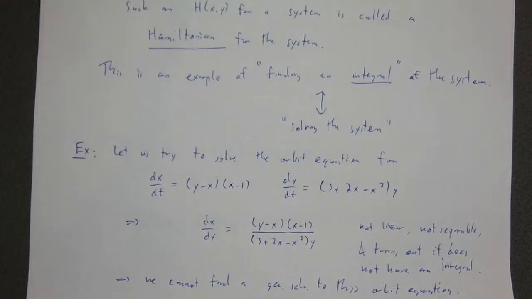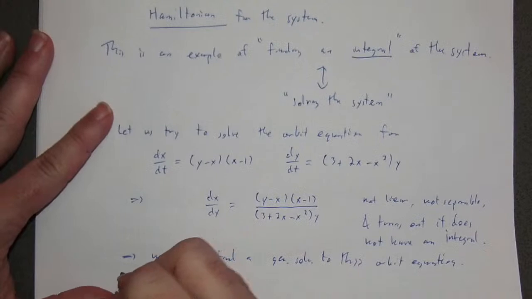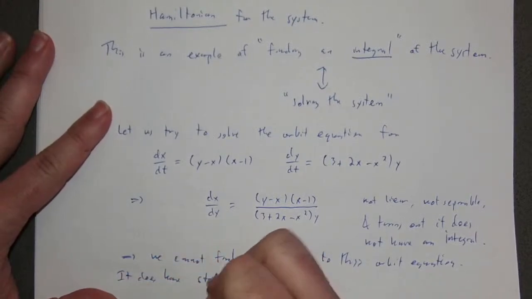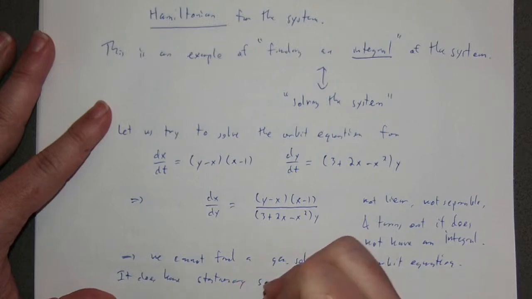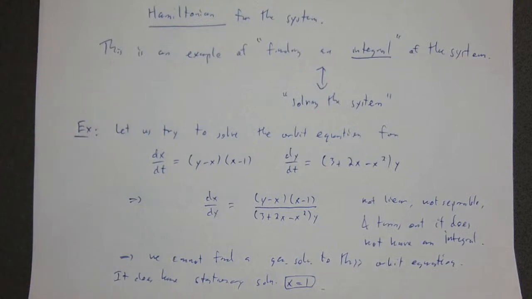It does have a stationary solution, and that's when x is equal to 1. That's at least something we could say. But yeah, we can't really do anything with this one.